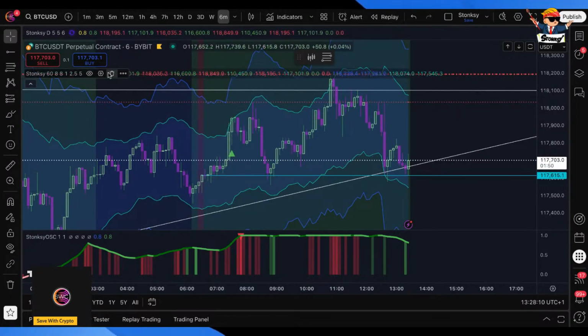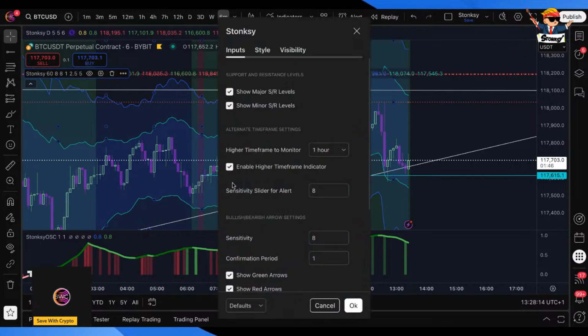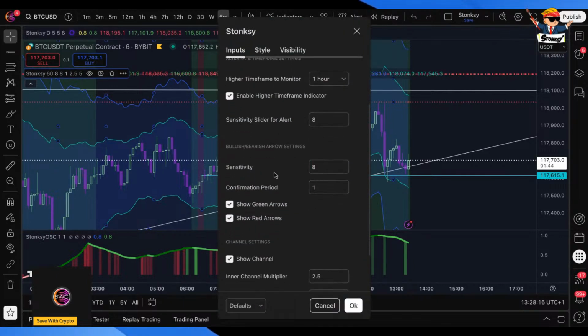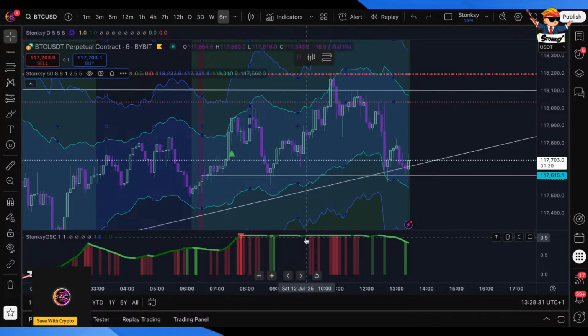Now, to see that, what me and Dave have been doing is setting the sensitivity and confirmation period for the bullish bearish arrow settings on Stonksy. We've been setting the sensitivity to 8 and the confirmation period to 1. That seems to work with this.